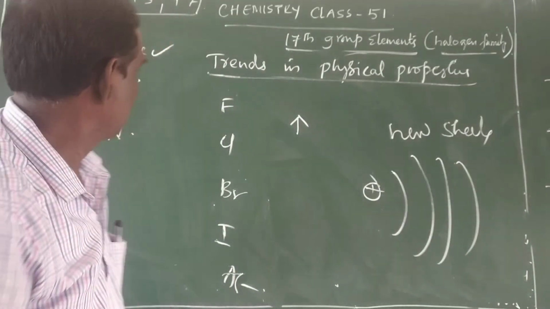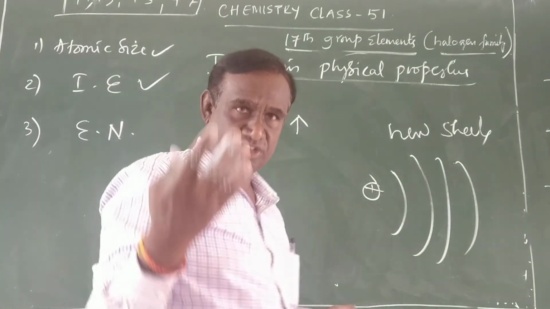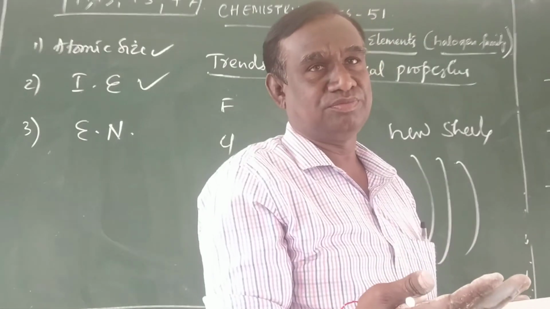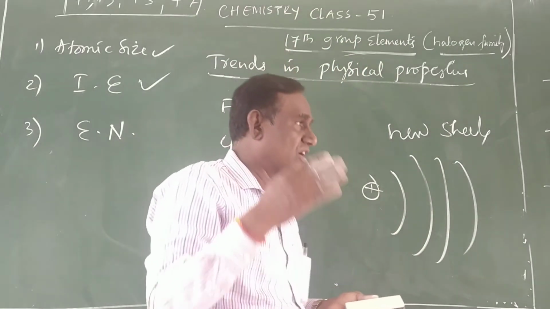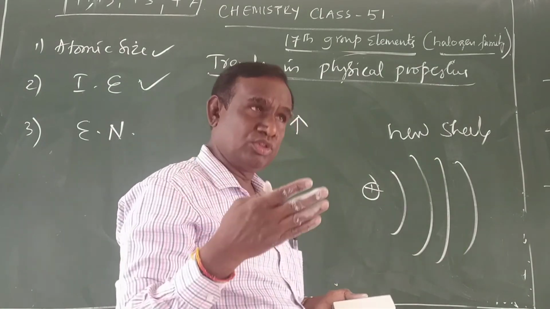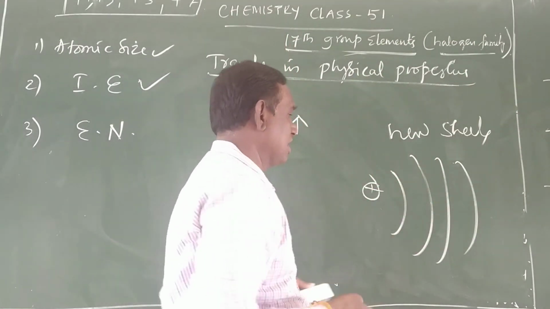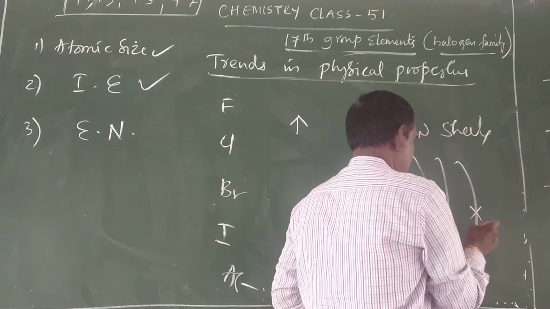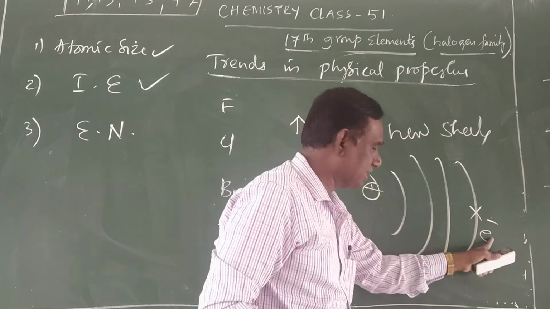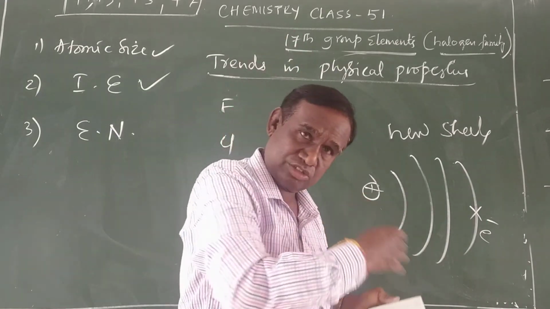Second factor, ionization potential. You know that ionization potential or ionization energy is the amount of energy, the enthalpy, required to remove the outermost electron of an atom. Let me draw this. This is the atom, and this is the outermost orbit of the atom, which contains the last electrons. As the atomic number increases, atomic size also increases.